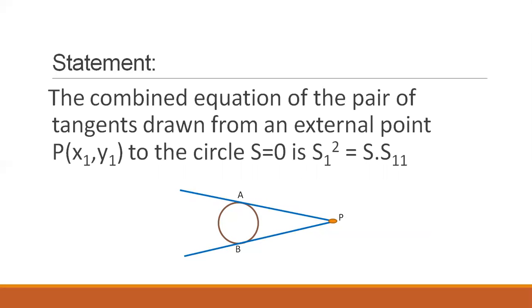Then the combined equation of PA and PB can be found by using the formula S1 square is equal to S into S11. The statement is as follows. The combined equation of the pair of tangents drawn from an external point P(x1, y1) to the circle S is equal to 0 is S1 square is equal to S into S11. I request the children to work on the proof of this theorem.